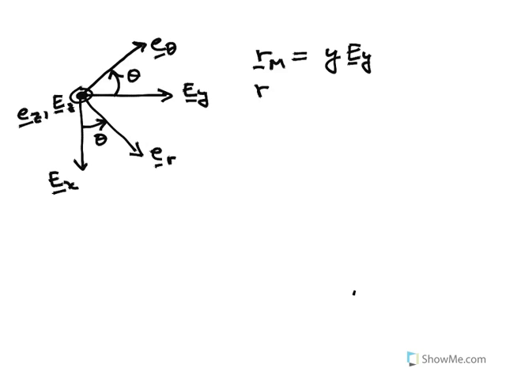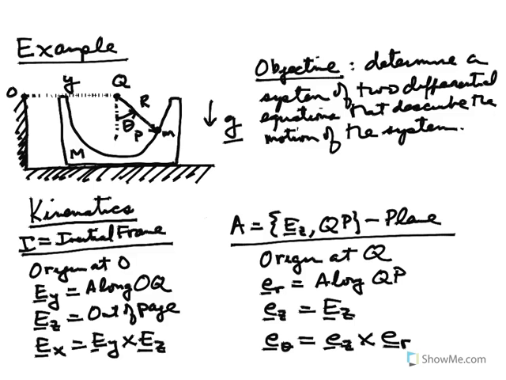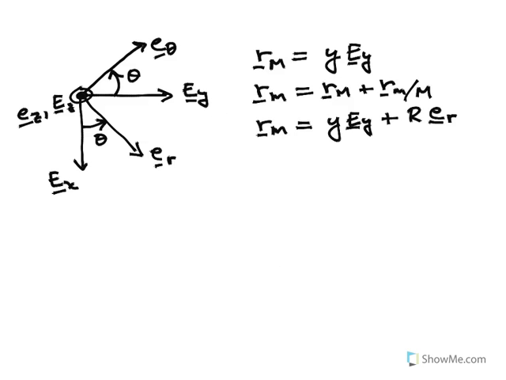The position of little m is equal to the position of big M plus the position of little m relative to big M. And that is equal to Y EY plus R ER. This is the position of little m, where you remember that I defined the radius to be capital R.